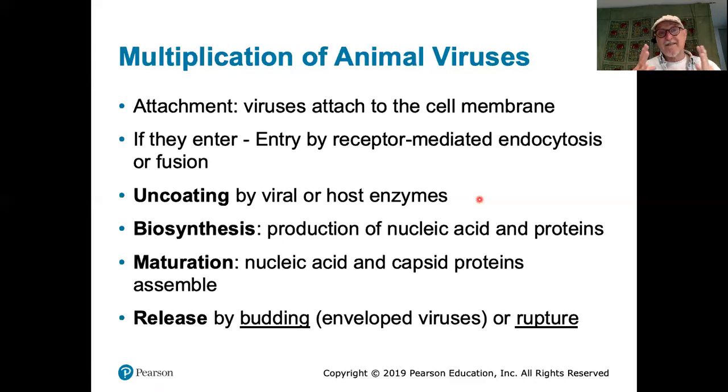And once that is complete, we then move to a very important stage, because the viruses need to get out. In many of the animal viruses, release is by budding.